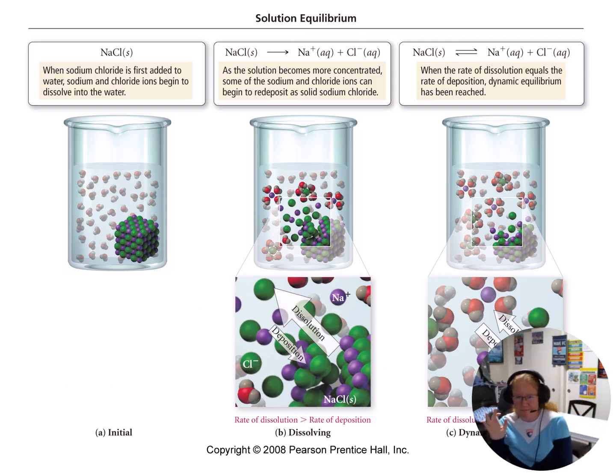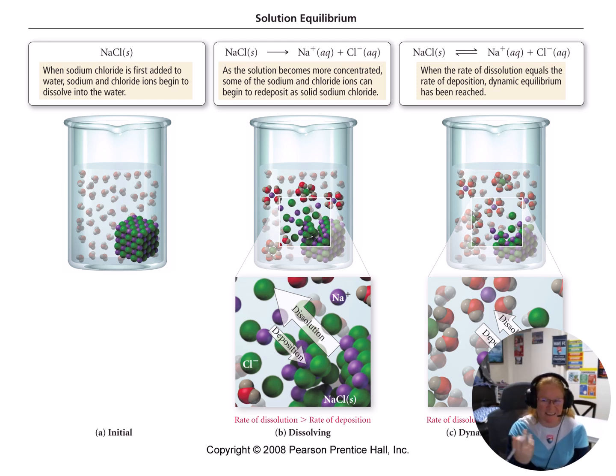All right, now what happens is everything is dynamic. Nothing is just static. So even in that situation where the seed crystal fell to the bottom in a saturated solution, things are bouncing around. My water molecules, or whatever my solvent is, are bouncing around. They hit the solid, and as they hit the solid, they interact.